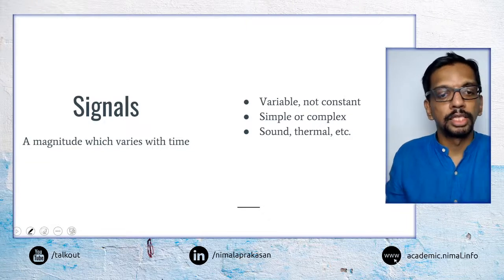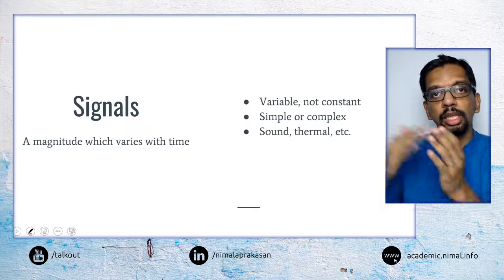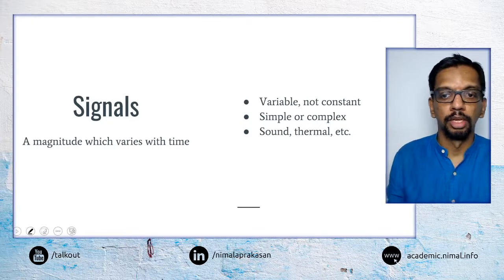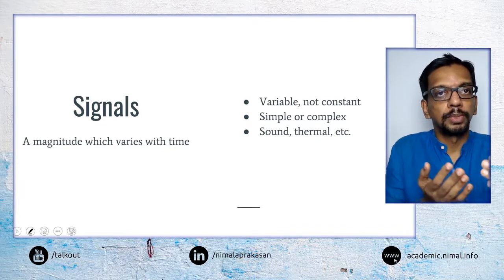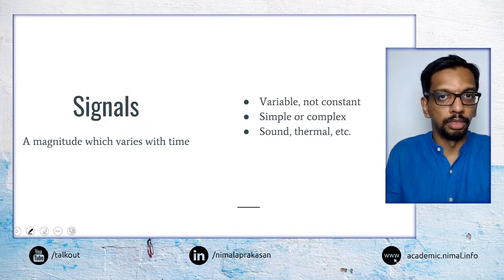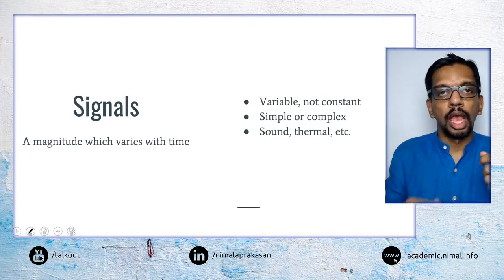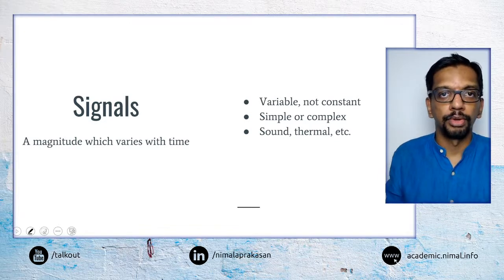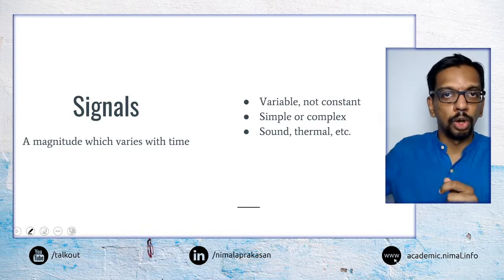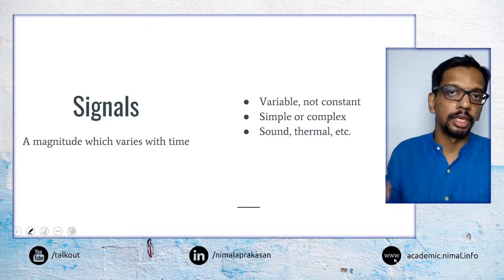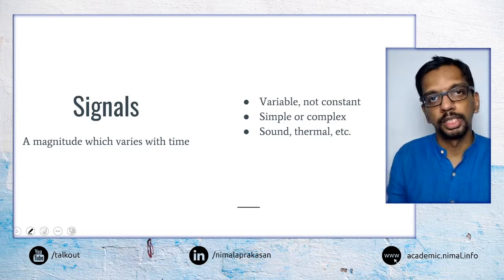Generally, what we classify as signals is anything that we can measure that changes with time. It has to be a variable, not a constant value, and it will change over time. For example, if we take the temperature of a room, that can change over a period of time, so that can be a signal.